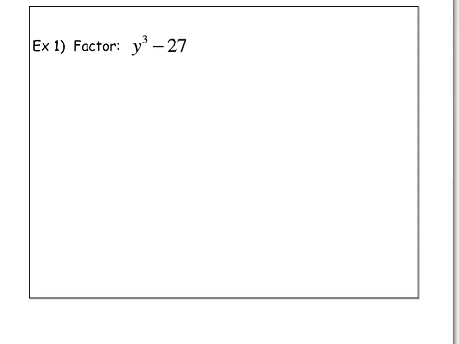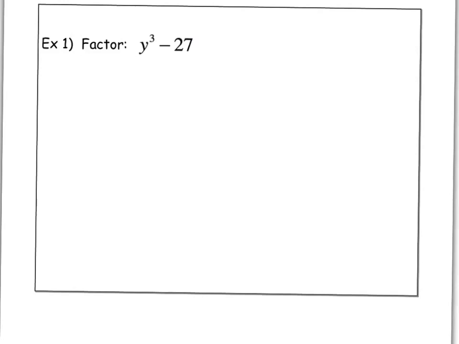So notice if our expression is y cubed minus 27, we can factor this with difference of cubes. If it helps you, go ahead and rewrite this as the quantity y cubed minus the quantity 3 cubed, if that helps you to see what the actual values are that are being cubed there.